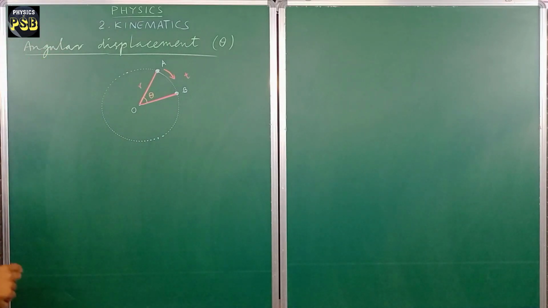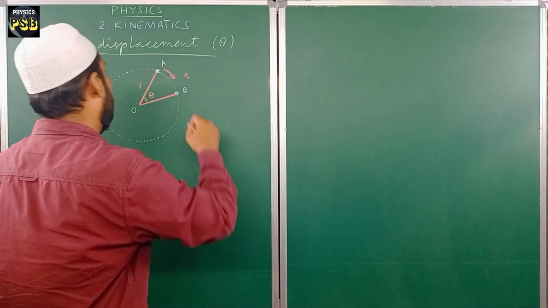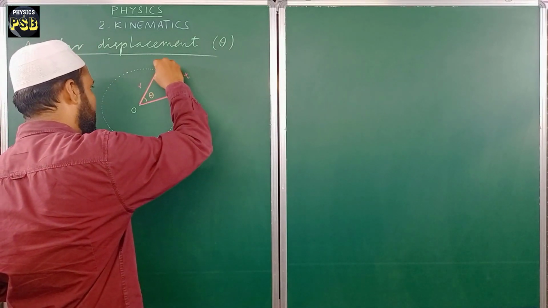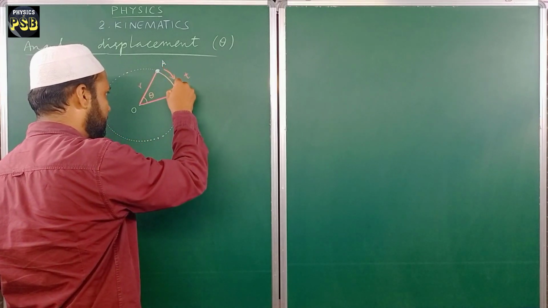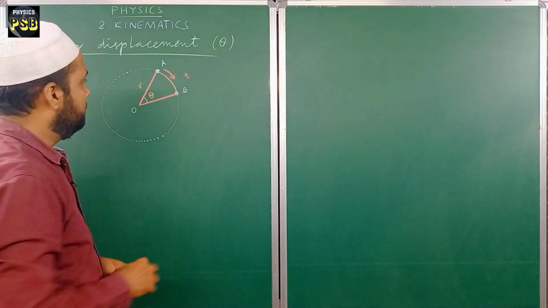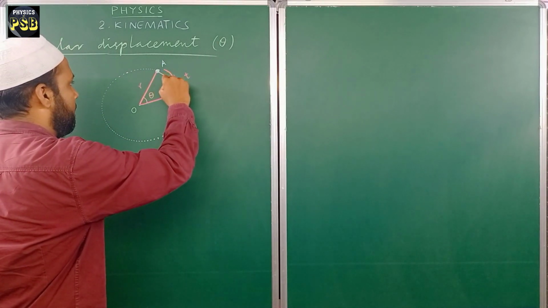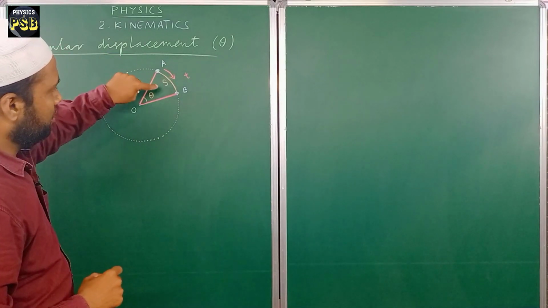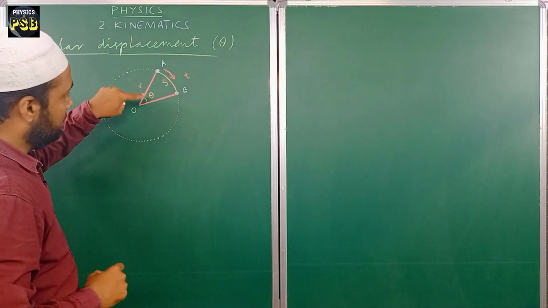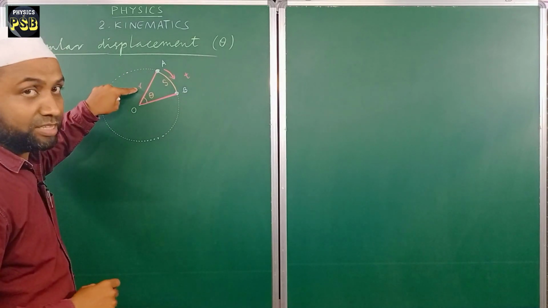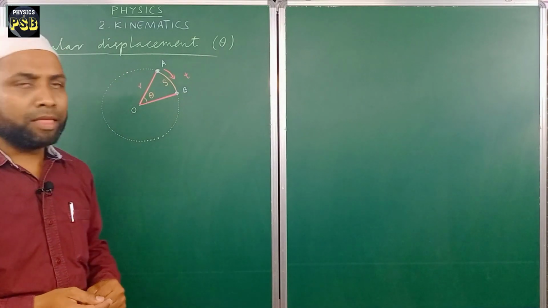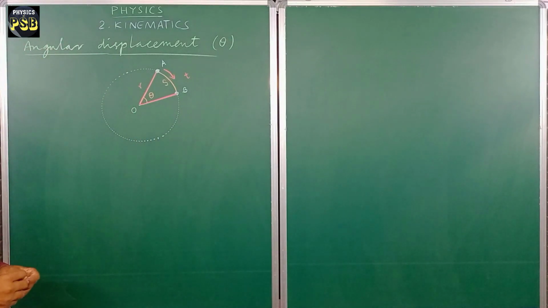Now suppose the arc length the object covers while moving along the circumference of the circle is taken as S. Then this arc length, angular displacement and the radius of this circle can be related with each other. Before doing so, let me write the expression for angular displacement.